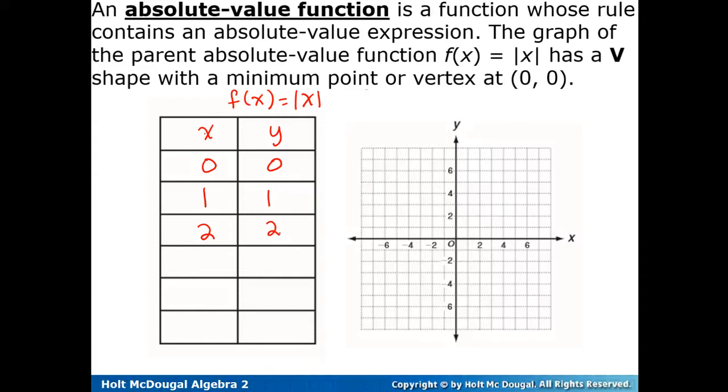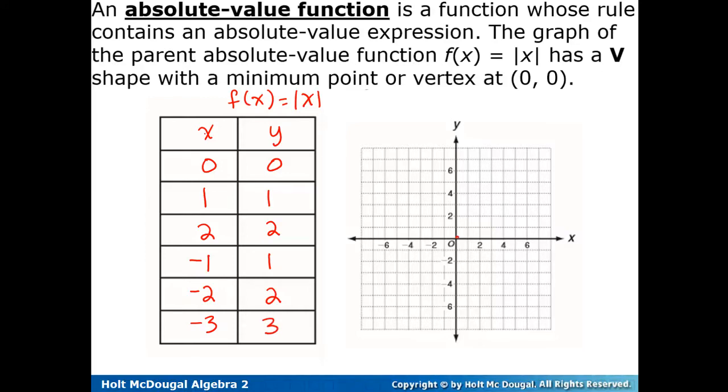It's 2 units away from 0. What about when x is -1? Well, the distance from 0 is still 1. And when x is -2, how far is it away from 0? It's 2. And when x is -3, again, we're still 3 units away from 0.